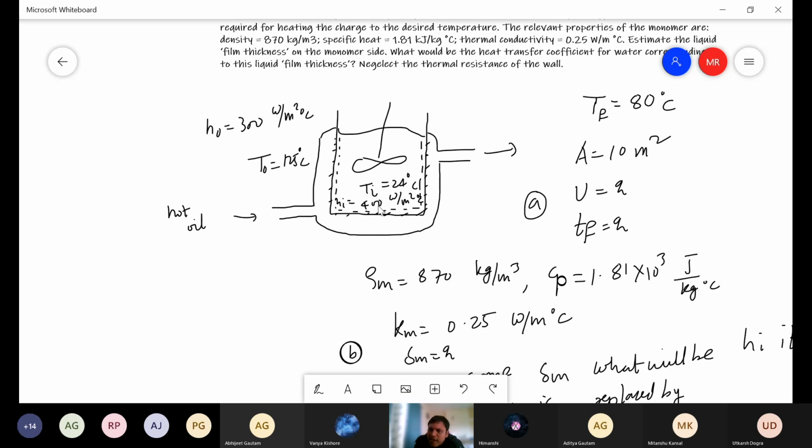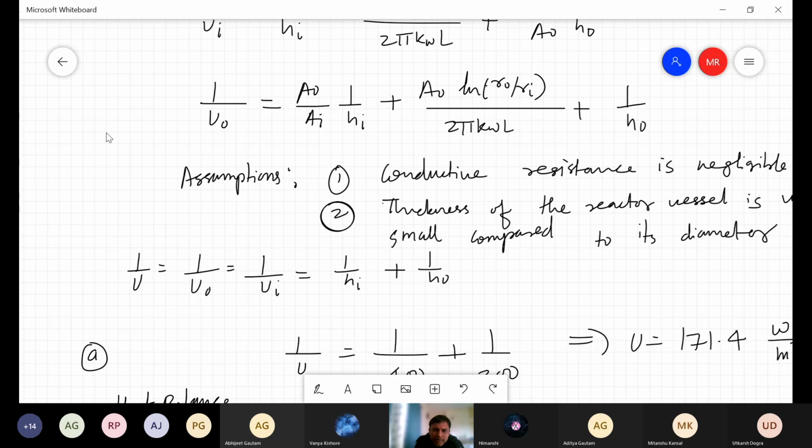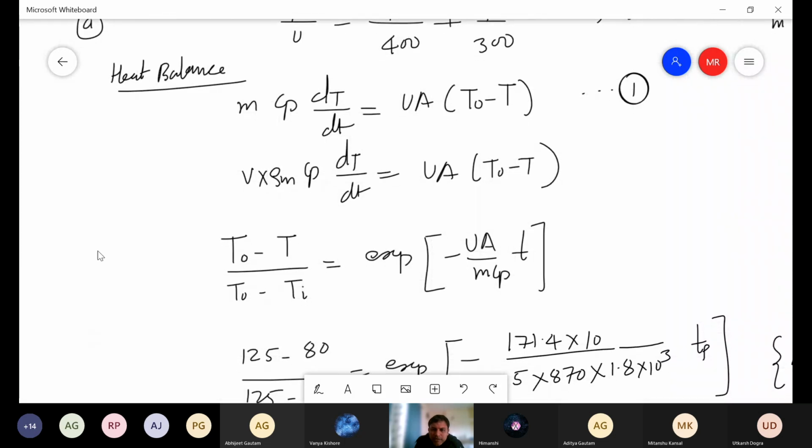So the inside heat transfer coefficient, from the film theory, will be given by the thermal conductivity of the monomer divided by the thickness of the monomer film, delta M. Do you all agree? Yes, sir. That is what I have written in part B.